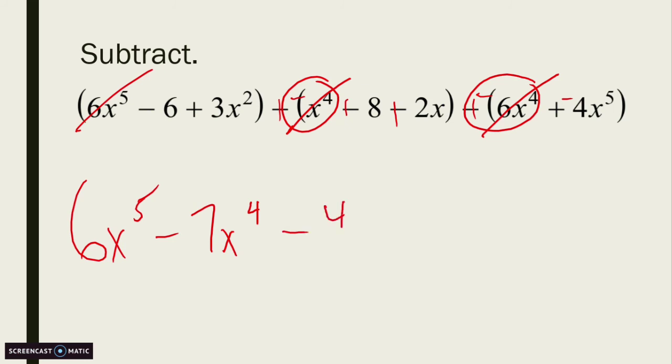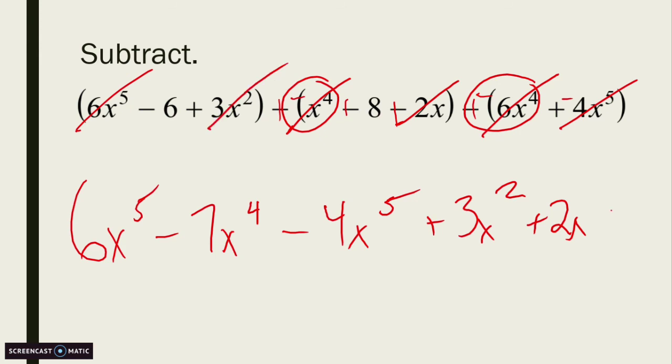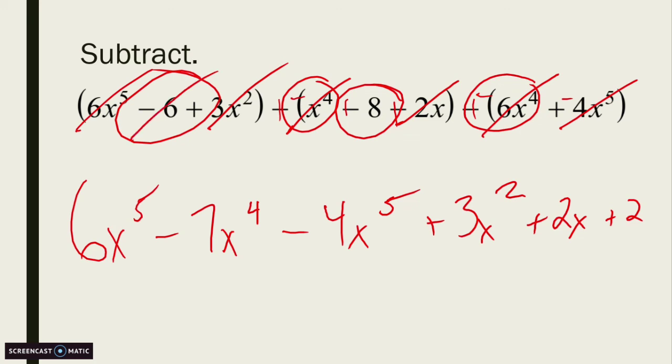Minus 4x to the 5th. Plus 3x squared. Plus 2x. And we end with plus 2. 8 minus 6 is positive 2.